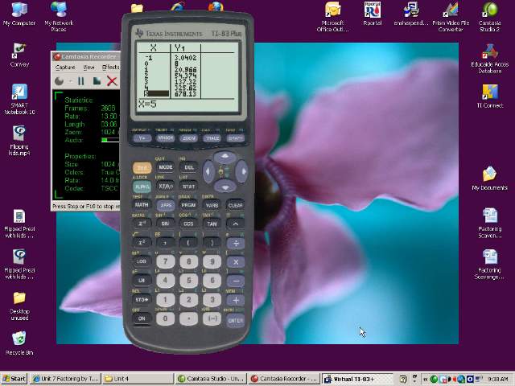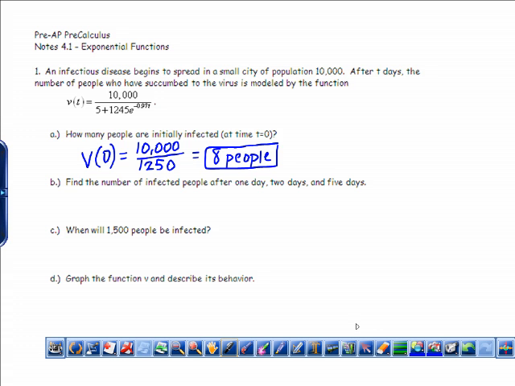Now there's definitely an argument to round up or to round down. I would say you don't need to round up unless it's really close to that next number. If it's about halfway, just round down. We will talk more about that in class. So our v of 1, when that was rounded, gave us 21 people.